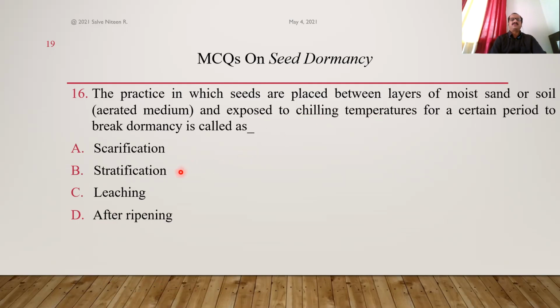This method is called stratification. Strata means layers. Seeds are placed in alternate layers of moist sand and soil and given a low temperature treatment, and this is called cold stratification. This horticultural practice has been followed for many hundreds of years. B is the answer here.